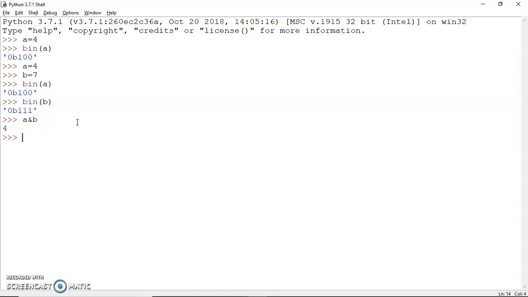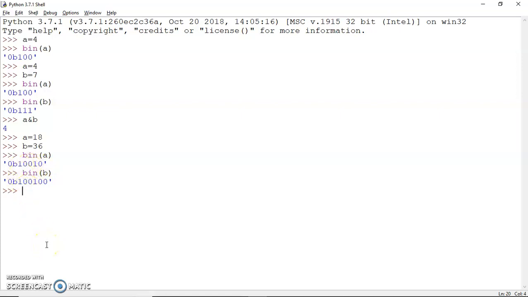Let's take another example. Say A is 18 and B is 36. You can check their binary equivalents, and then we can see what the output would be. The best thing for you would be to put them in an 8-bit pattern.